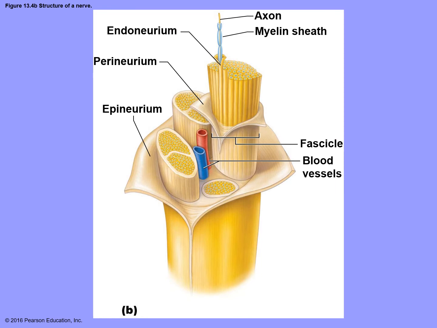So hopefully this will be clarified in this picture. Way up here, you've got your axon, this little thin yellow line. That is the axon from one neuron. Remember, you've got this myelin sheath, the Schwann cells that wrap around it to provide insulation.